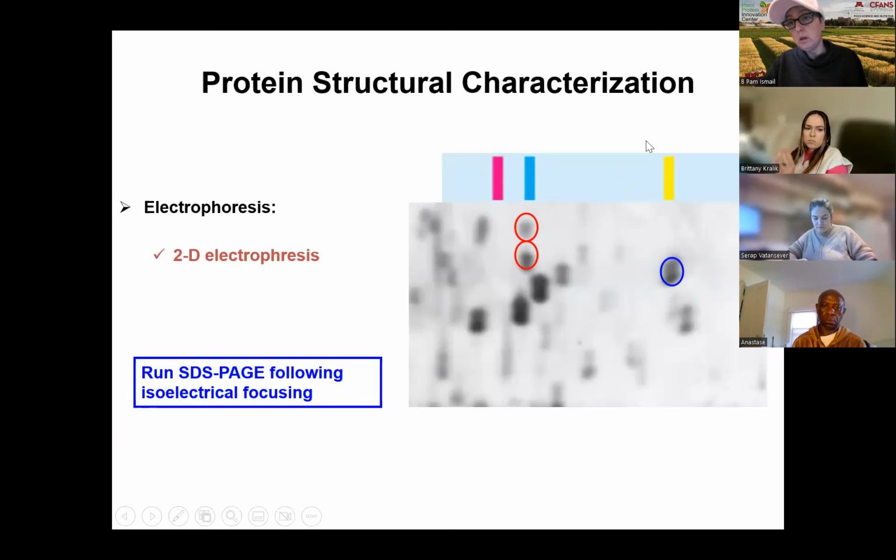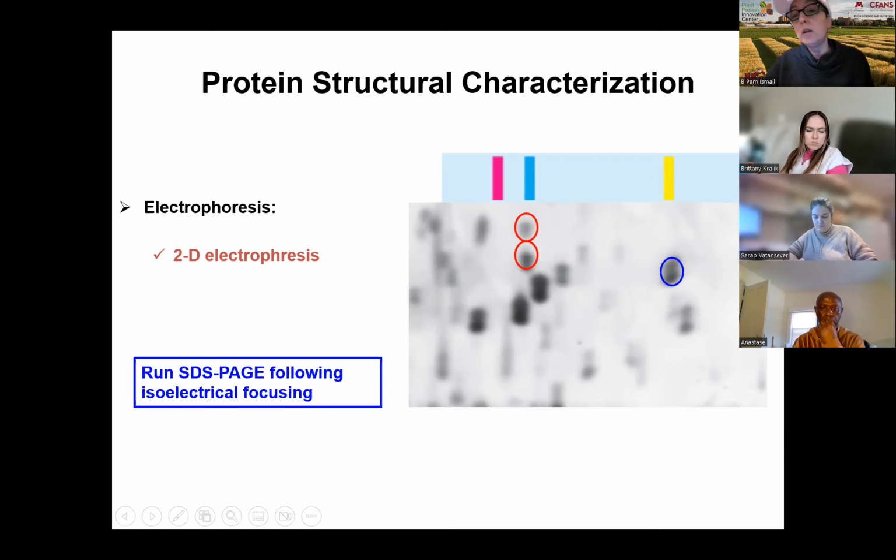So here you can see two different proteins that have different charge or isoelectric point. They migrate to the same molecular weight. So if you ran a gel without the separation, those two proteins wouldn't have been separated. They're two separate proteins, but they migrated to the same molecular weight.